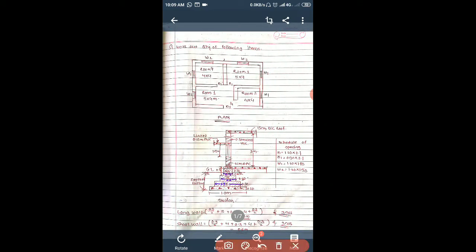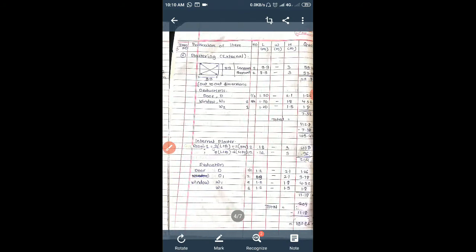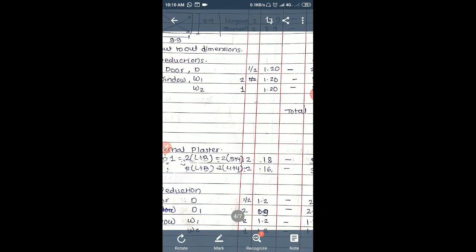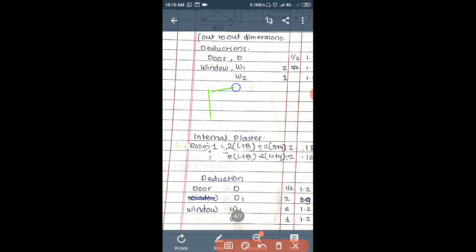We have 2 identical rooms, 5 by 4 and 5 by 4, so there are two rooms. Then 4 by 4 and 4 by 4, there are two rooms. Clear? For internal plastering, we will consider the in to in dimension of the room.